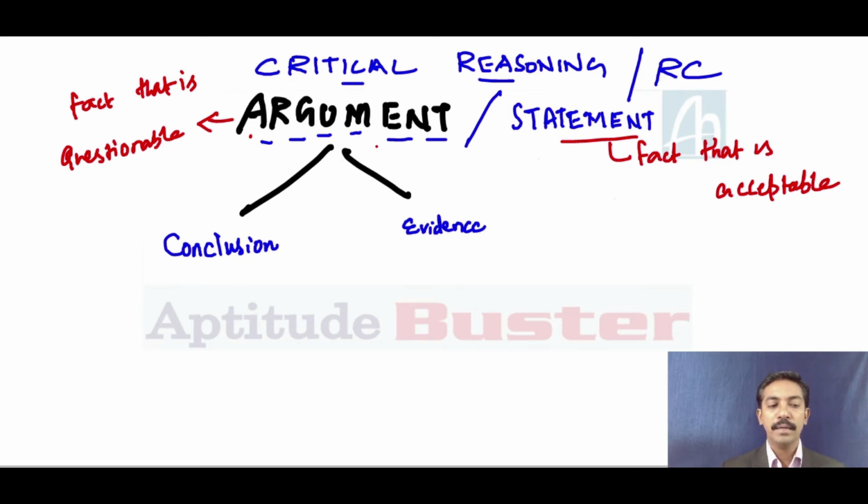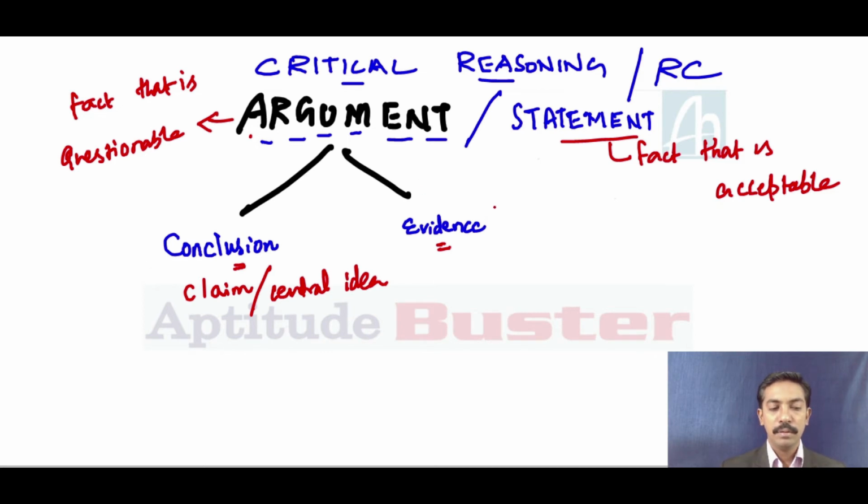Well, moving on. The moment we understand that critical reasoning questions provide you an argument, the next logical step is to know that the argument has 2 main segments. One is the conclusion, the other one is evidence. Conclusion is nothing but the claim or the central idea which the author of the argument wants to convey.